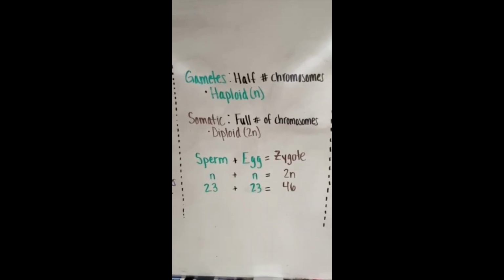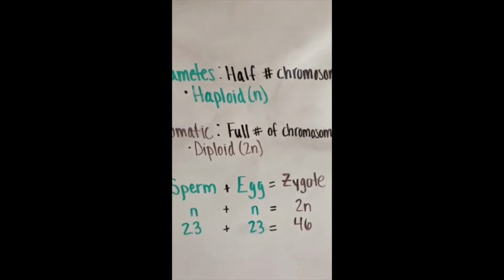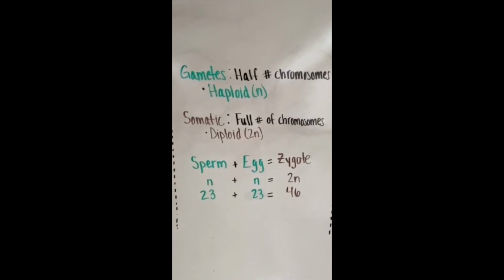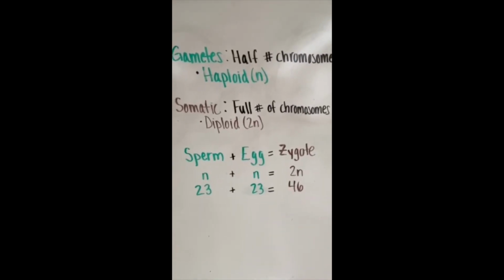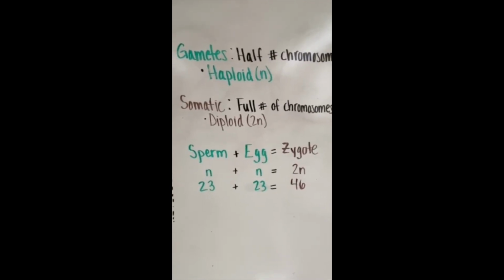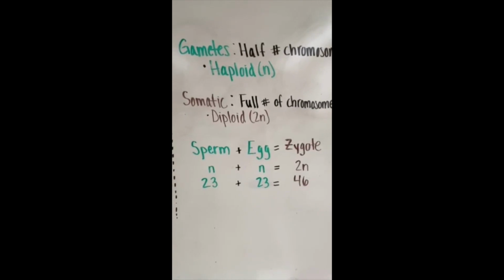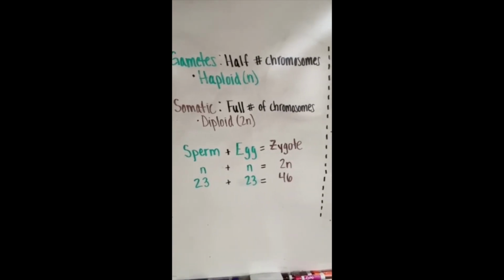They're called diploids. We remember the difference because we see that 2N, which means twice the number of haploids. As a math equation, sperm plus egg equals zygote, so N plus N equals 2N. Or with actual numbers, 23 plus 23 equals 46.